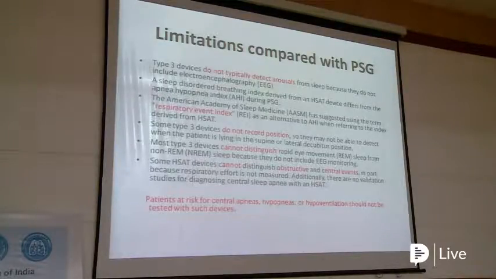Some type 3 studies do not record position, so they may not be able to detect in which position the patient has more apnea, so we could suggest behavioral methods. Most type 3 studies cannot distinguish REM sleep from non-REM sleep because they do not include EOG monitoring. Some home sleep apnea devices cannot distinguish between obstructive and central events. So patients at risk for central apnea, hypopnea and hypoventilation should not be tested with such devices.